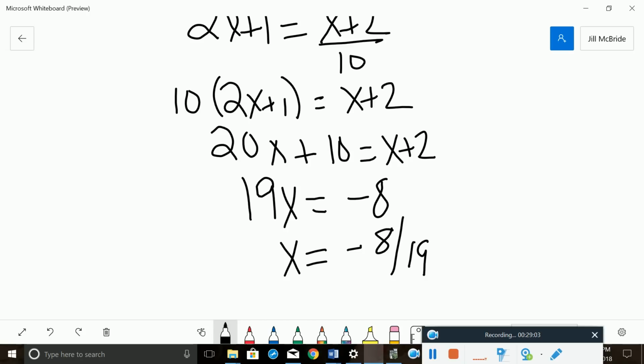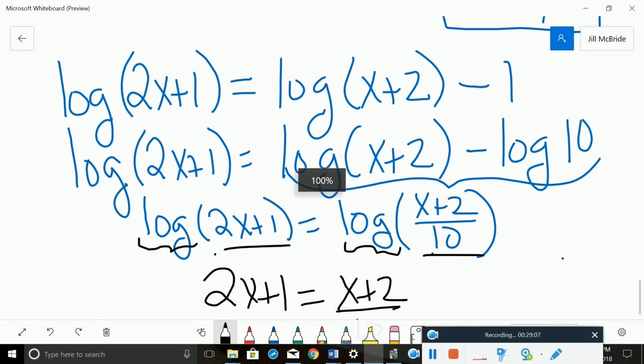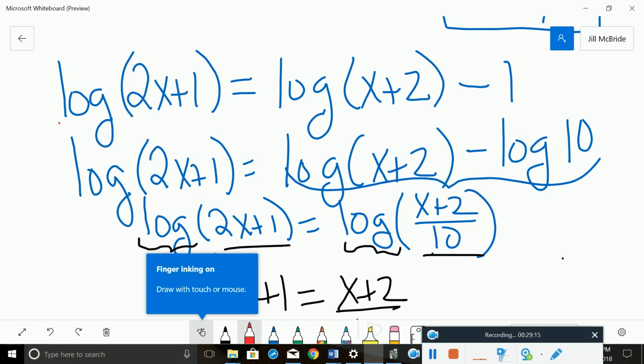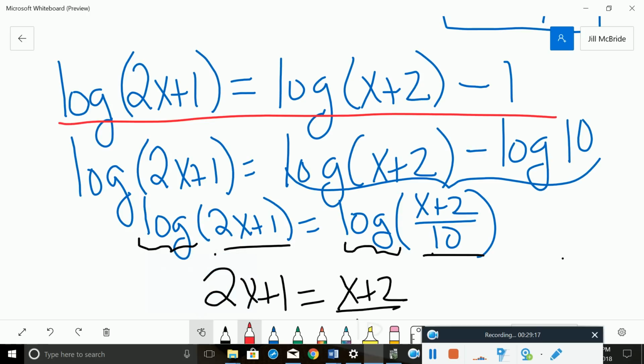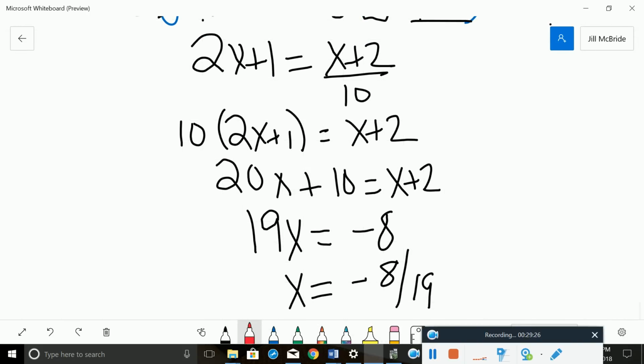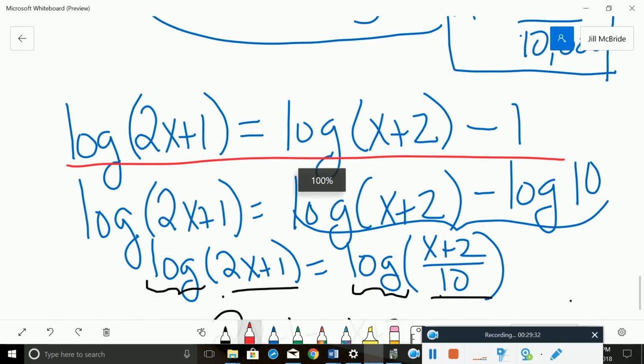Okay, let's go back to our original equation. Very, very, very original equation. Right here. Will my value that I got of negative 8 over 19 be okay?